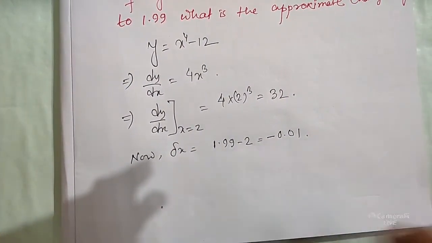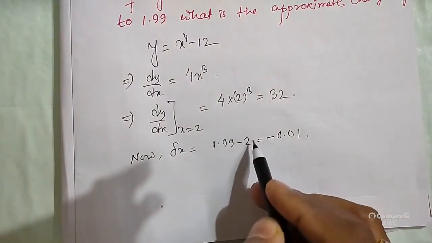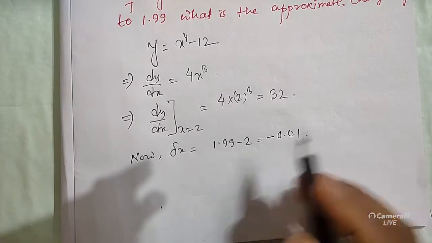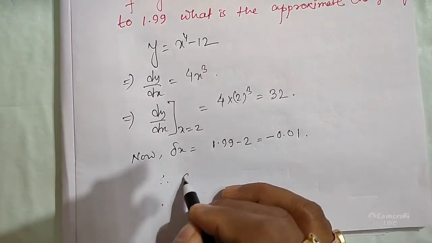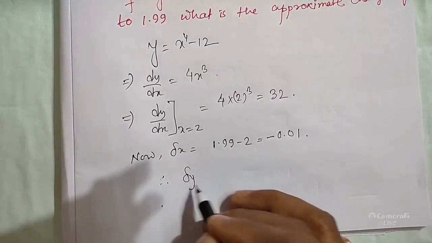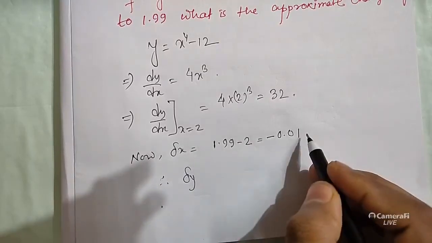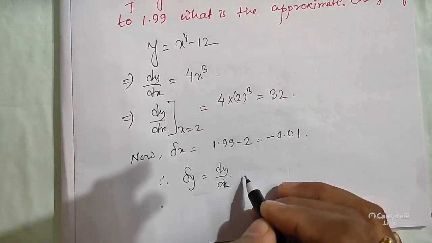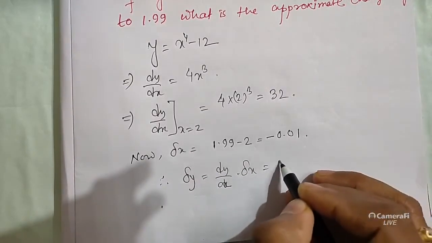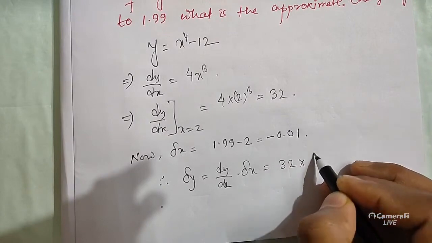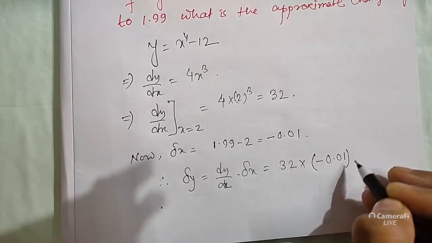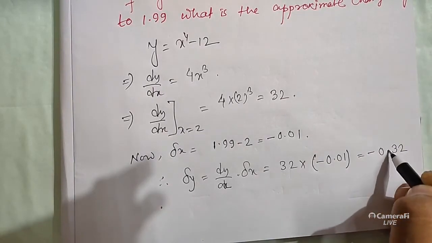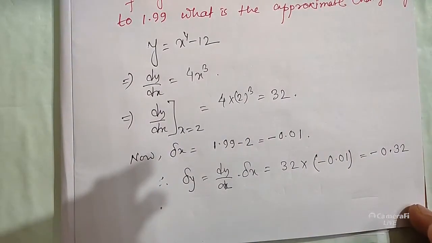This is the value of del x. This is the final value, this is the earlier value, so this is the change. Therefore del y, the change in y, is equal to dy by dx into del x, that is 32 into minus 0.01, is equal to minus 0.32. This is the change in y.